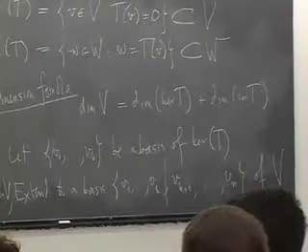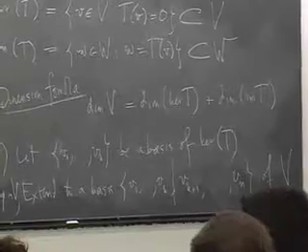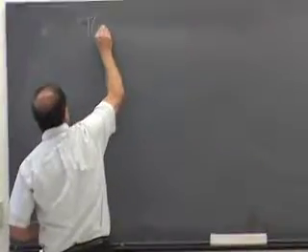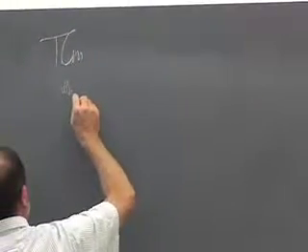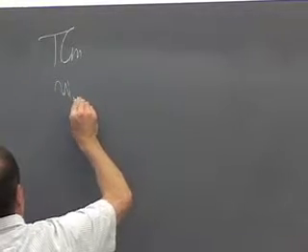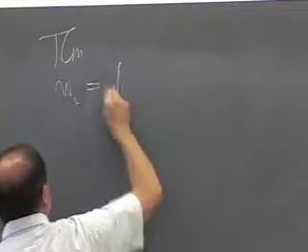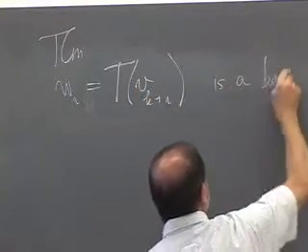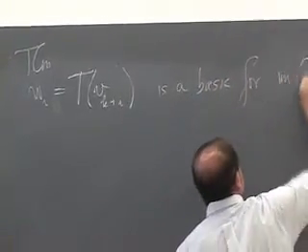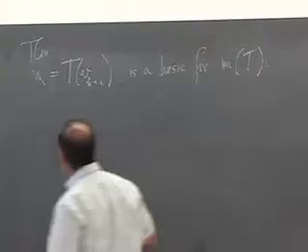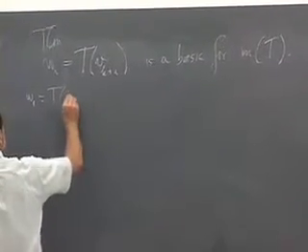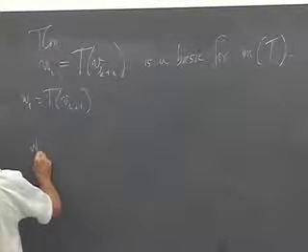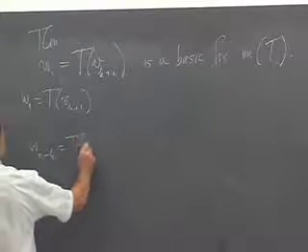Okay. The claim that will prove our theorem: then w_i equal to T(v_(k+i)) is a basis for the image of T. In other words, w_1 is T(v_(k+1)) all the way down to w_(n-k), which is T(v_n).